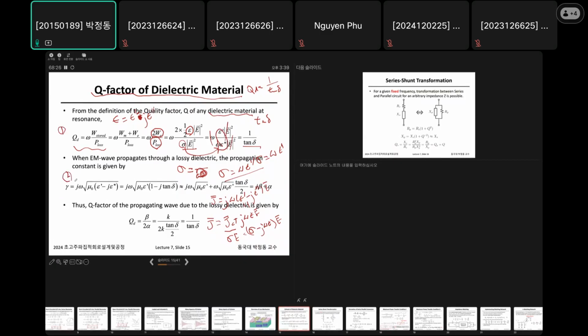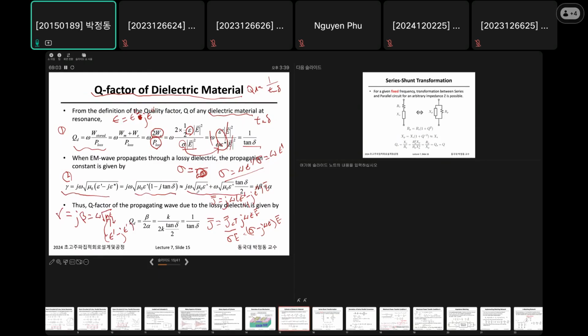The second way is this. When an electromagnetic wave propagates through a lossy dielectric medium, gamma is defined as alpha plus j beta, which is j omega square root of mu epsilon. Here we put epsilon prime minus j epsilon 2 prime instead of epsilon. Then we rearrange this using the Taylor series, and we can easily get this.